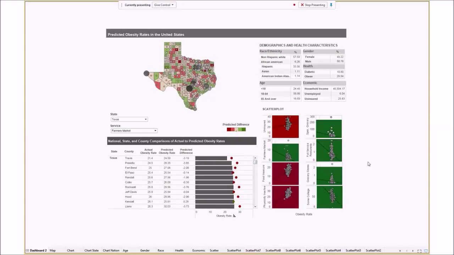And so we can see here that farmers markets are strongly correlated with a decrease in obesity rates. So potentially we could look at the counties that are deep red, and one service could be increasing the number of farmers markets in that area.